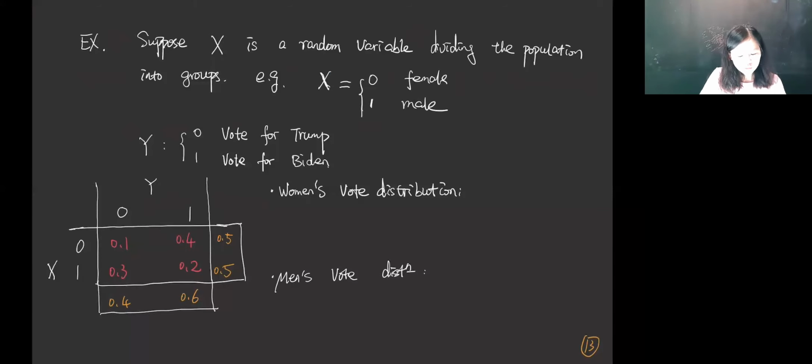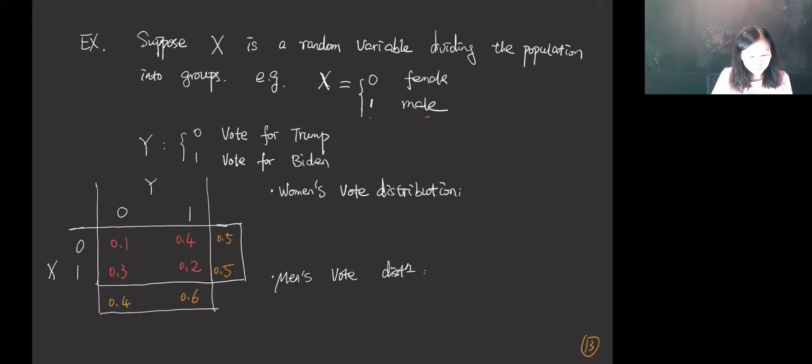Next, let's consider an example where we calculate the conditional traits. In this example, suppose that x is a random variable dividing the population into groups. X equals 0 if the randomly selected person is a female, and x equals 1 if that person is male. Now let y be another variable like that, but it groups the population in a different way.